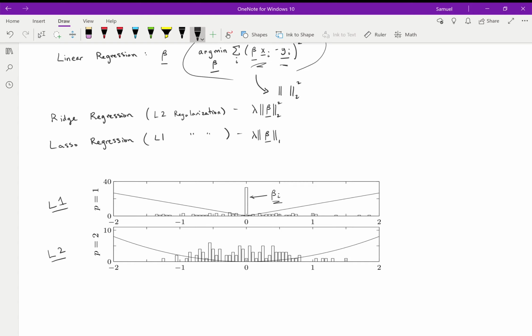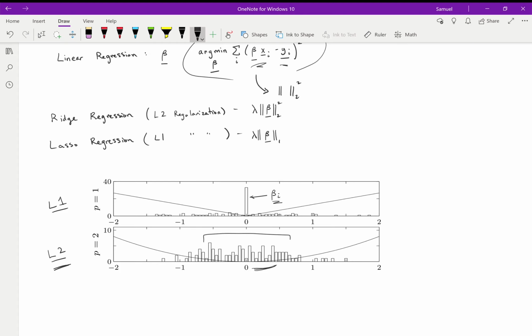Conversely, if we're talking about L2 regularization, as you can see here, we have this large chunk of components of beta that are not quite at 0 but are very small. The reason for that is this curve flattens out as it gets closer to 0, so there really isn't an incentive to push them all the way to 0.